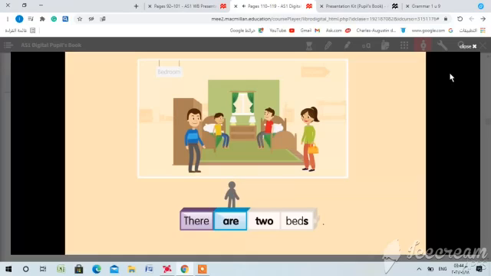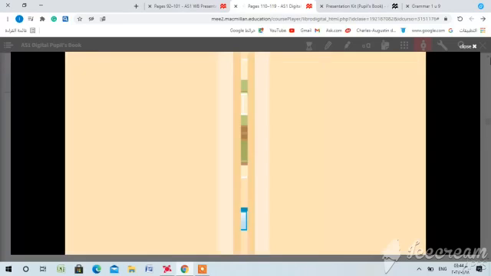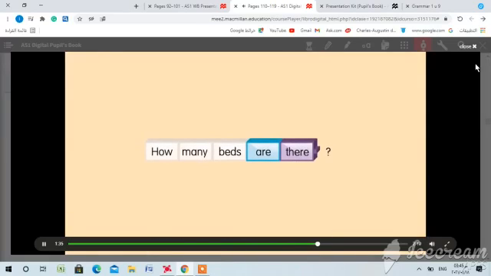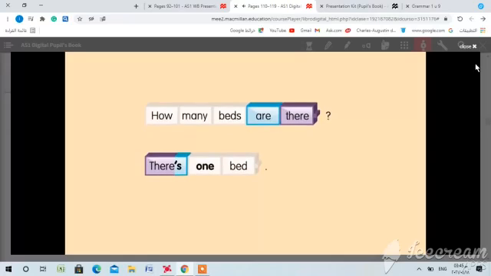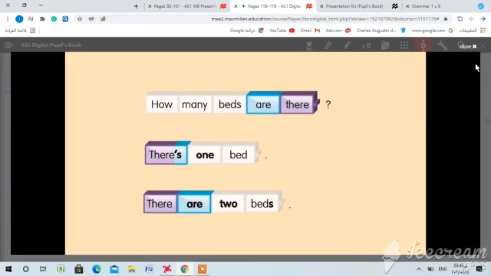There are two beds. How many beds are there? There's one bed. There are two beds.